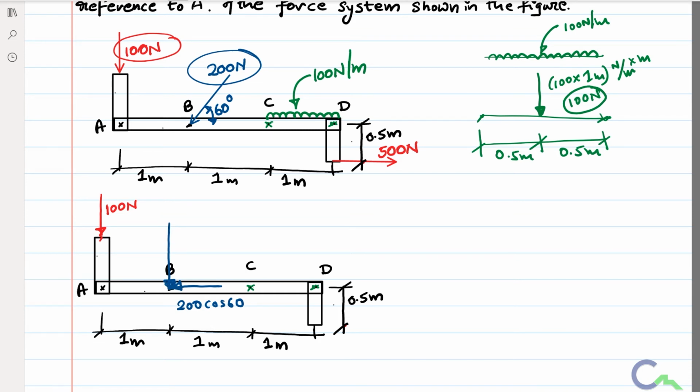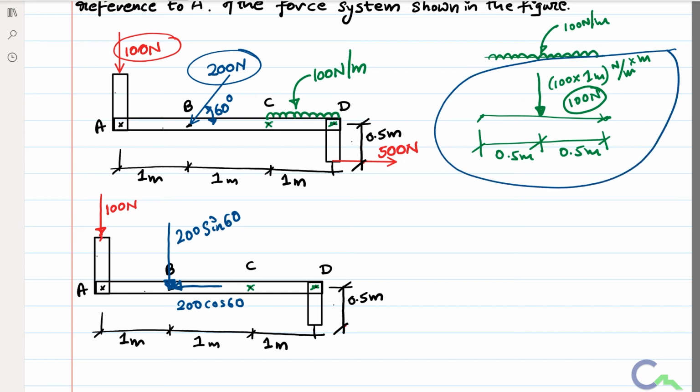I will take this as 200 sin 60. Then the UDL we converted into a point load is going to act in between that 1 meter, at a distance of 0.5 meter from both sides. That value, 100 into 1 meter, is 100 Newton. The last force, that is 500 Newton, is acting exactly horizontal, there is no vertical component for 500 Newton.